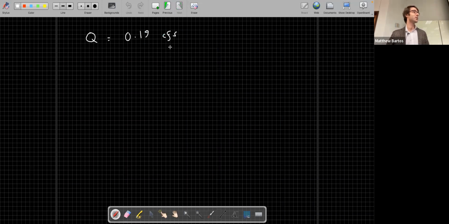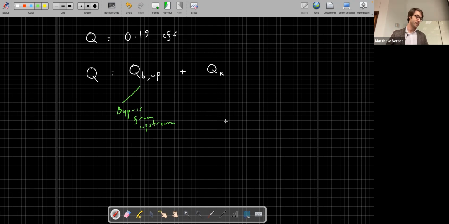Okay, so for each curb inlet, we have that the discharge is a combination of the bypass discharge from upstream, which I'll call QB up, plus what I will call Q sub R. Okay, so this is the discharge from the rainfall directly upstream of the inlet.